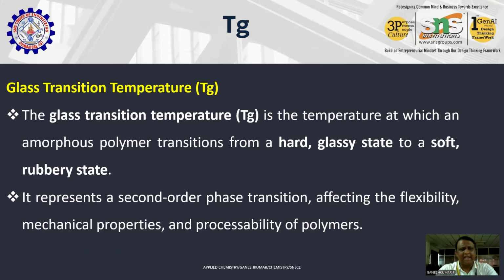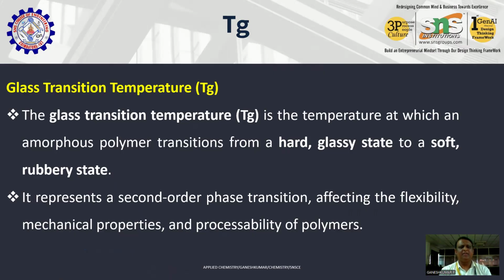So the glass transition temperature TG is the temperature at which a polymer transitions from a hard, glassy state to a soft, rubbery or viscous state.